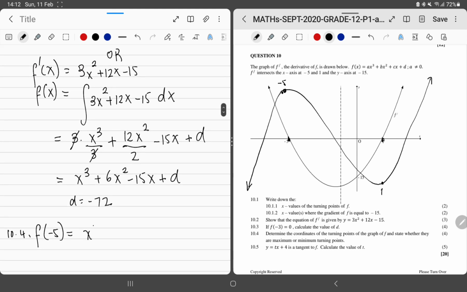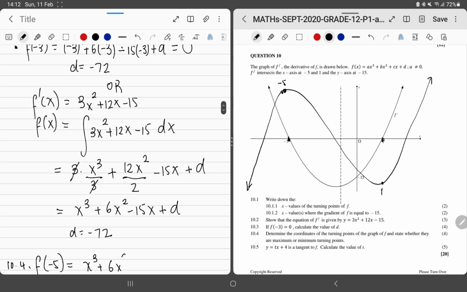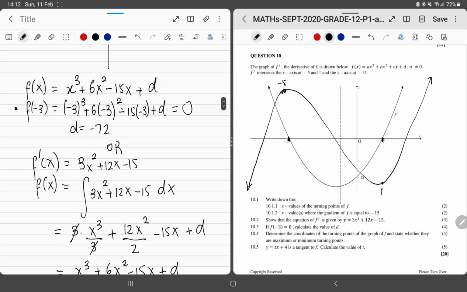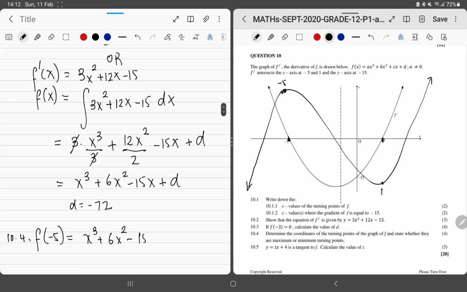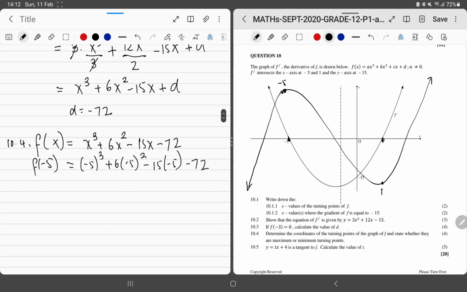We said this is going to be x cubed plus 6x squared minus 15x minus 72. So this is -5 cubed plus 6 into -5 squared minus 15 into -5 minus 72.